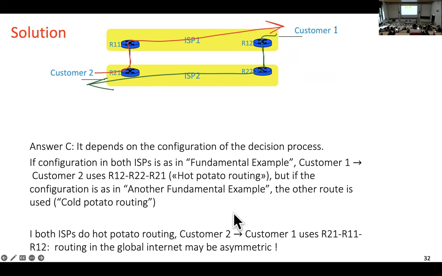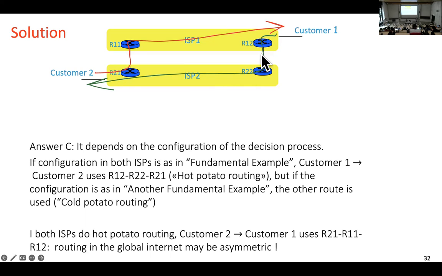This is so-called hot potato routing, meaning that it's like a hot potato, you want to get rid of it as soon as possible. And this is what some ISPs do. If you receive traffic that is for another customer of another ISP, sometimes it makes sense to get rid of it as soon as possible.